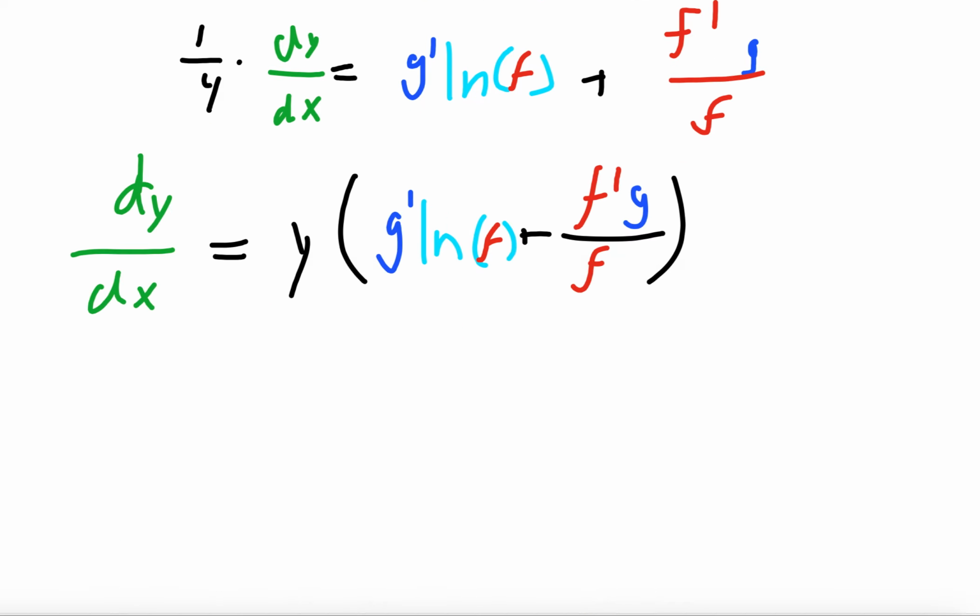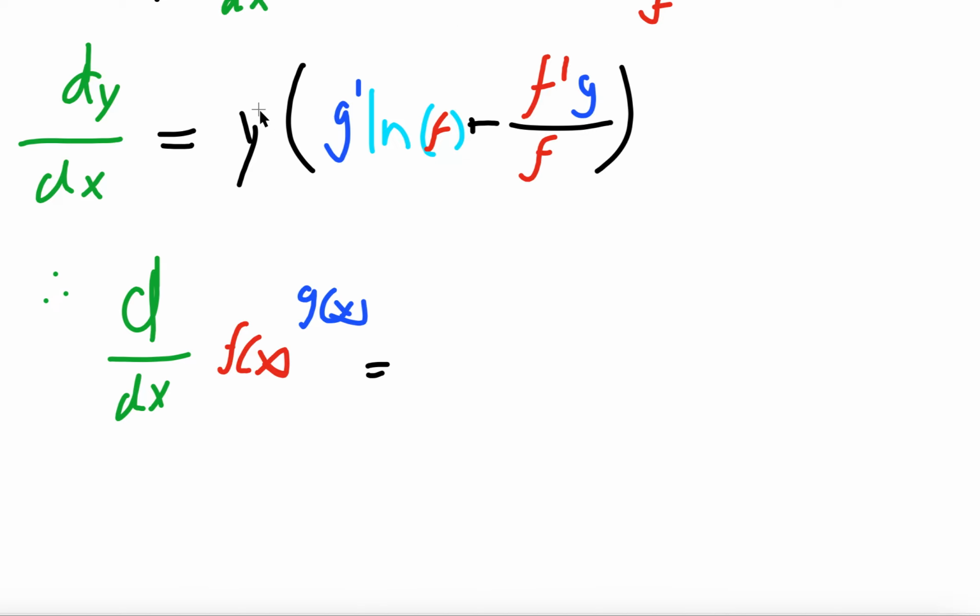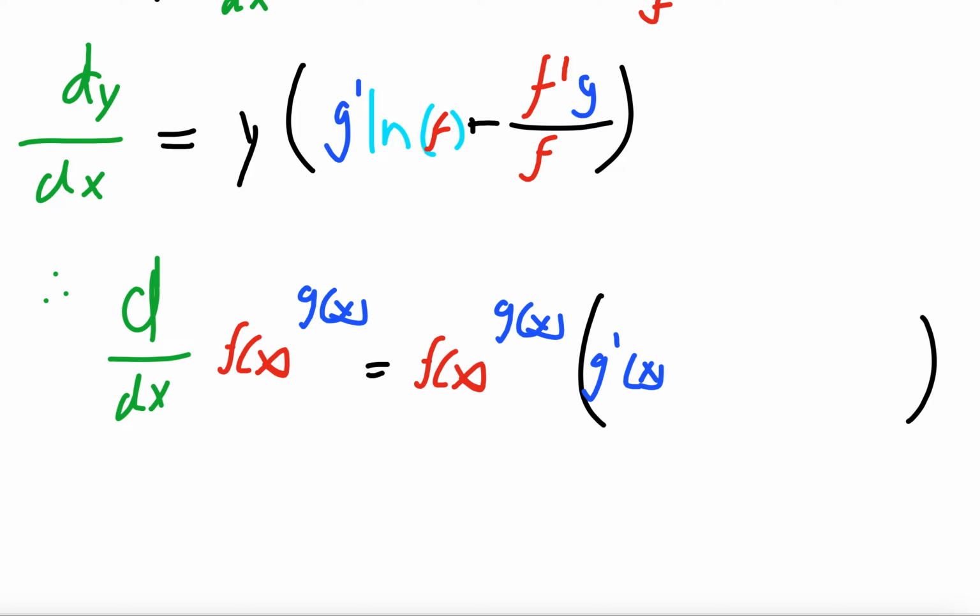Okay, so that means, therefore, that the derivative with respect to x of the function f of x to the power g of x is going to be, grand finale here, it's going to be itself, f of x to the power of g of x, and you multiply that by g prime of x, okay, times the log of f of x, like this.